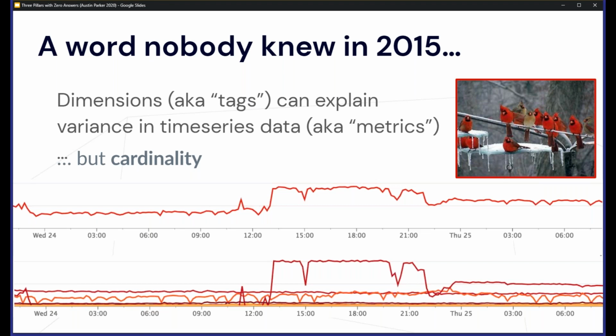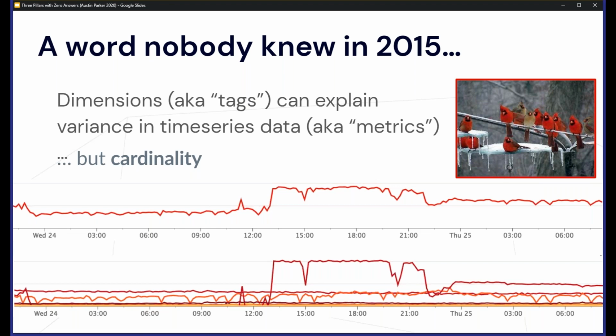In 2015, this wasn't as big of a problem, and it's been 5 years, and I think we can really start to talk about this cardinality problem, right? So we have tags or dimensions, and those tags can explain variances in time series data. What we're looking at here is a time series, real data from one of our internal systems at Lightstep.